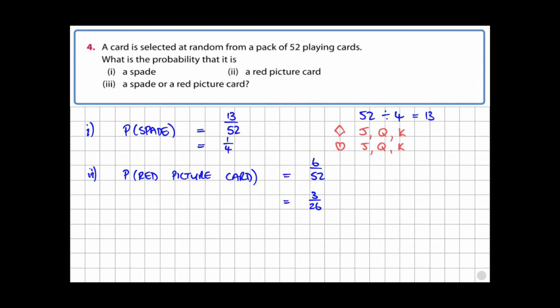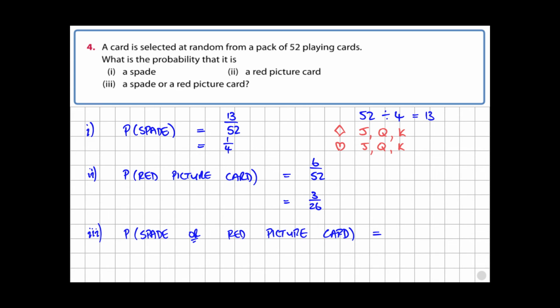The last part there, part 3. What is the probability of getting a spade or a red picture card? So let's just think about your deck of cards. Obviously the spades are separate to the red cards.